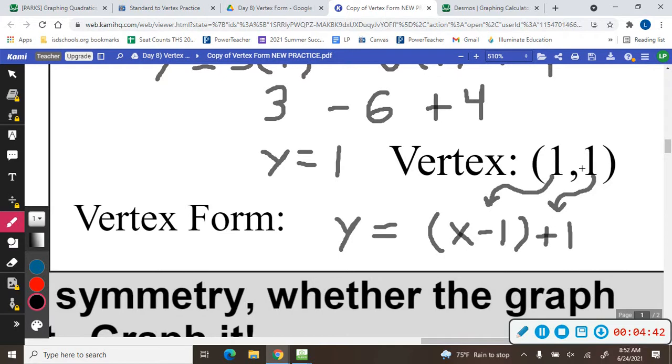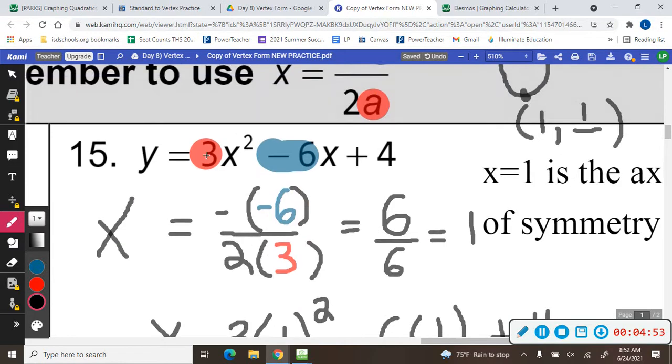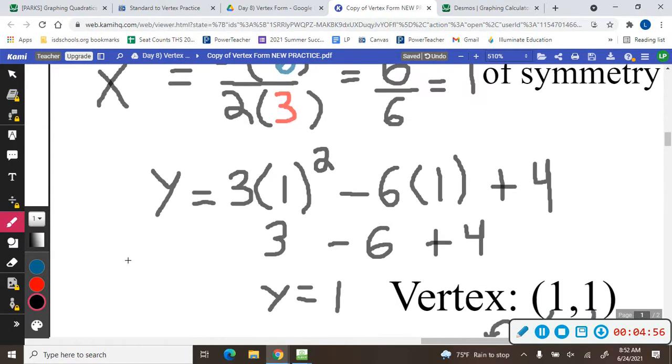Remember, it's the opposite of this, same as this. Now the stretch factor, the vertical dilation, you have to have a number out here. And what number goes there, it's the same number. So if it's 3 here, it should also be 3 down here.